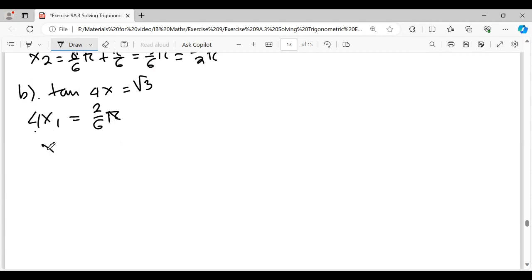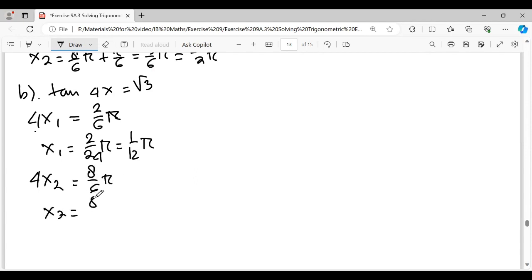Then x1 equals 2 over 24 pi, so 1 over 12 pi. 4x2 equals 8 over 6 pi.